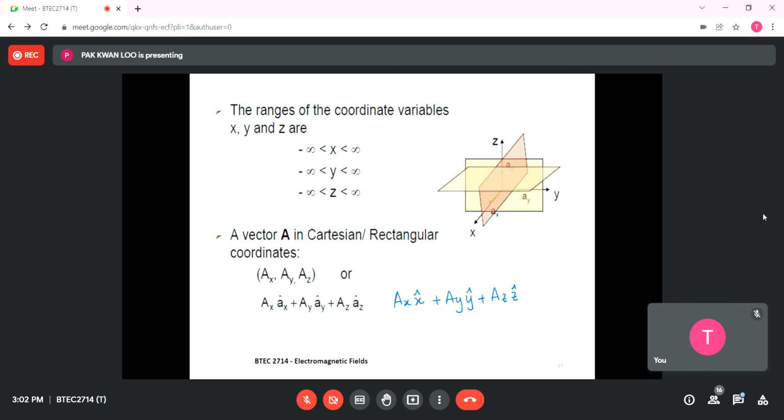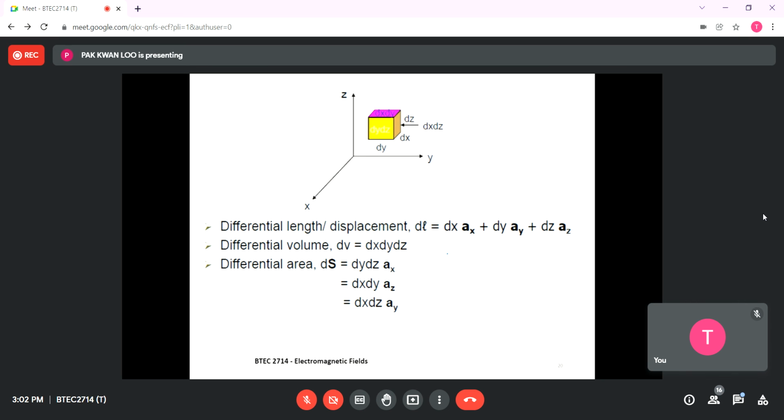This is the normal notation, I would call this my notation. This is the notation that I will always use when I write down my solution or my explanation to you. Okay.